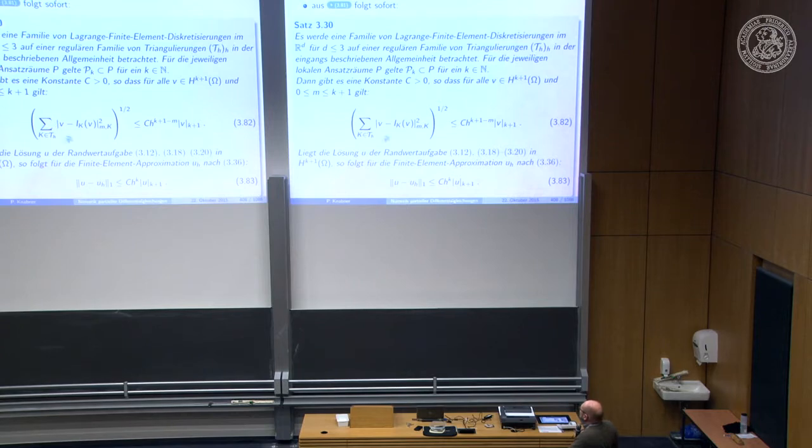Then we have to make sure, according to this theory, that we can really benefit from this higher order, and that would mean that the solution has to be in H3, not only in H2. And this, of course, opens up a lot of questions.